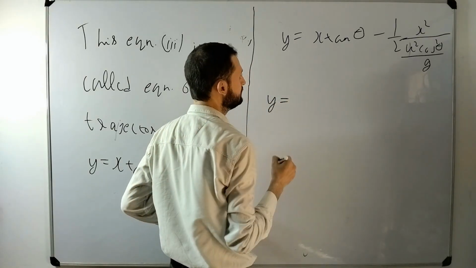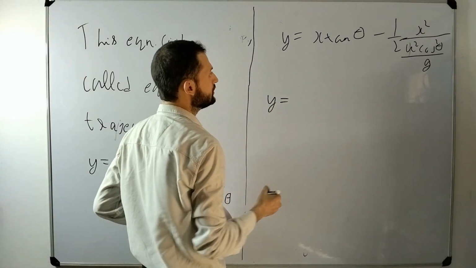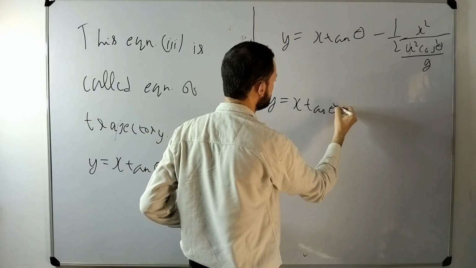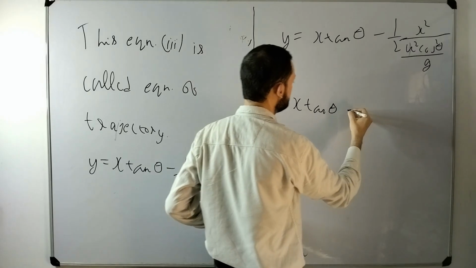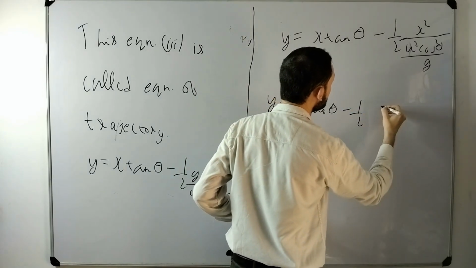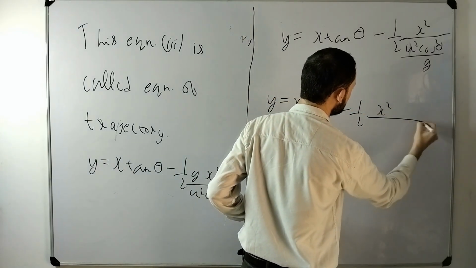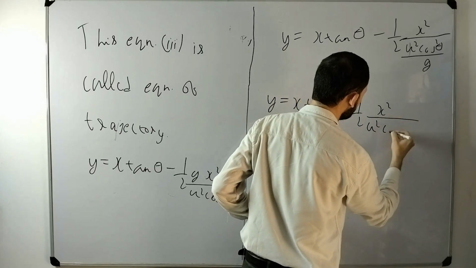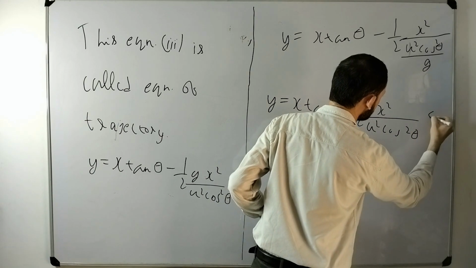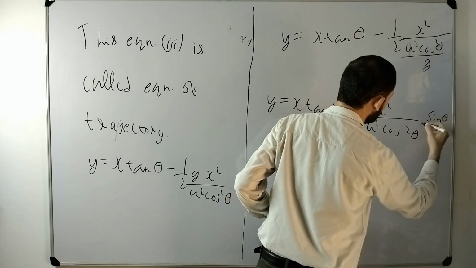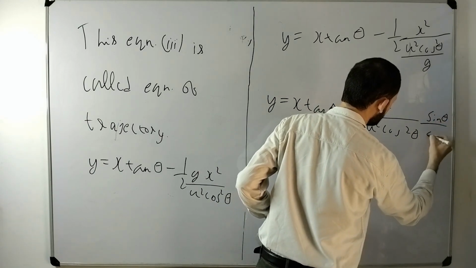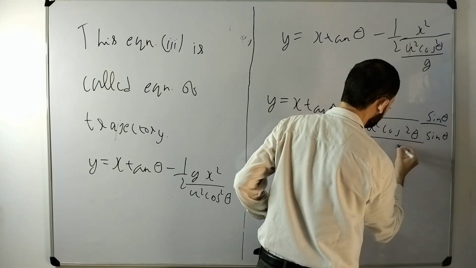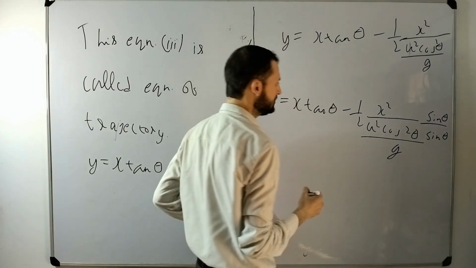So y, again writing y equals x tan theta, more simplifying, minus half x square upon u square cos square theta, multiplying and dividing by sin theta, and this is g, right?